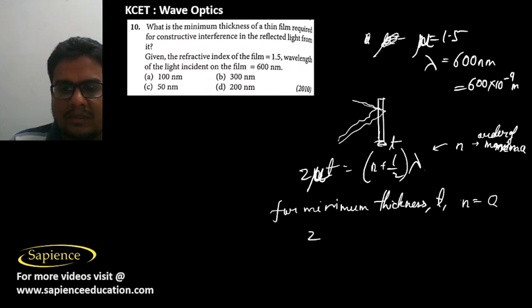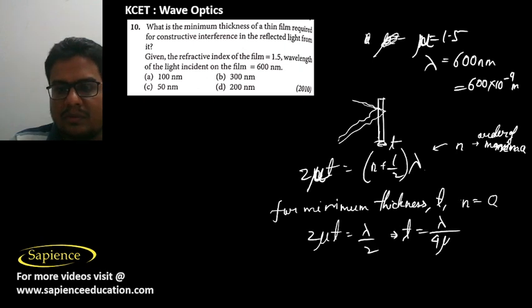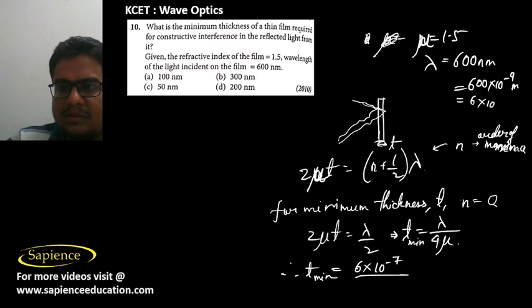Therefore, we have 2 mu into t equal to lambda by 2. Therefore, t should be equal to lambda by 4 mu. That will be the minimum thickness, which is the wavelength used, 6 into 10 power minus 7 meter, divided by 4 mu, 4 into 1.5.